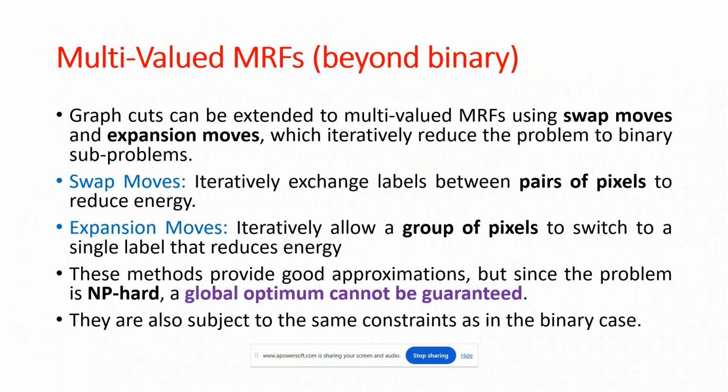We have seen the formulas for that, and some other optimization techniques to perform image restoration of the penguin. And in the multi-valued graph, we can perform either swap moves or expansion moves to perform image analysis. Thank you.